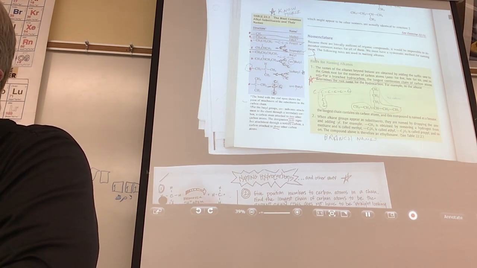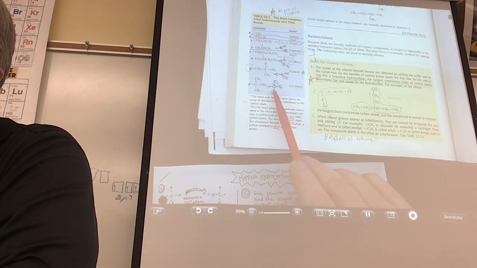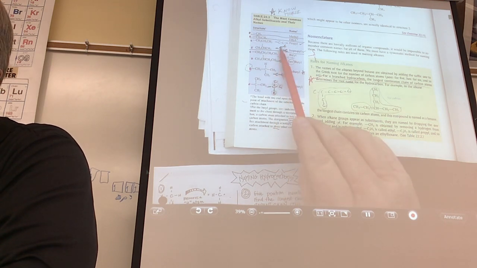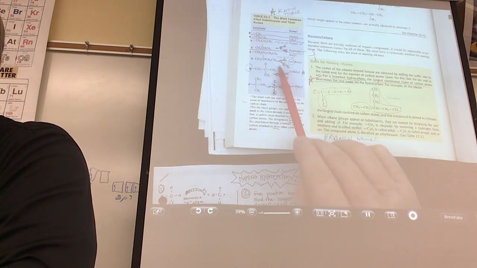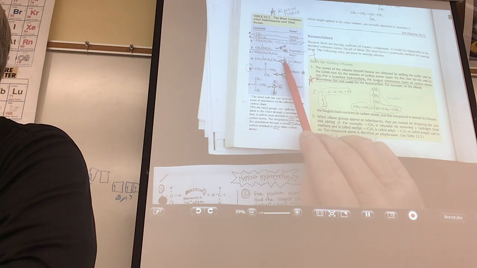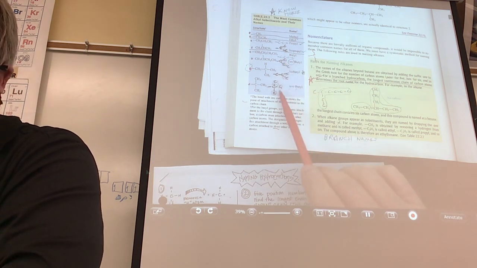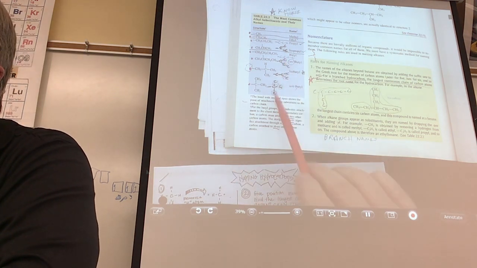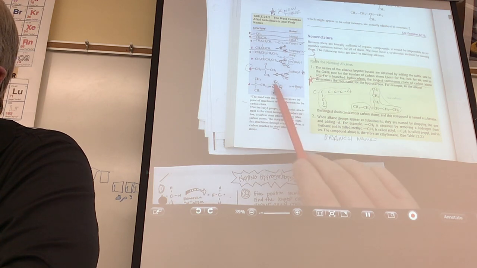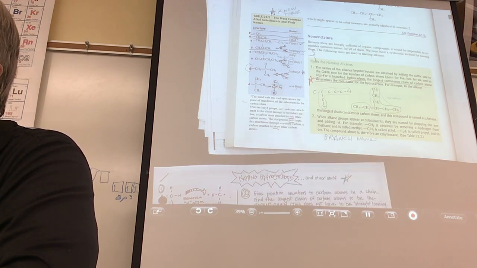That's right. In this case, this branch has a carbon that has 3 other carbons attached to it, whereas this carbon has 2 different carbons attached to it. So this is tert-butyl. The reason I like this one is it makes a T shape. See how it makes a T shape? That's how I remember tert-butyl.